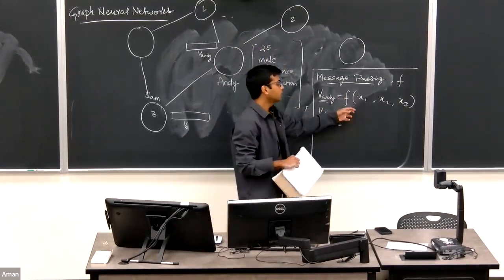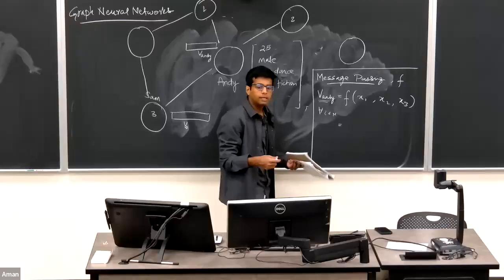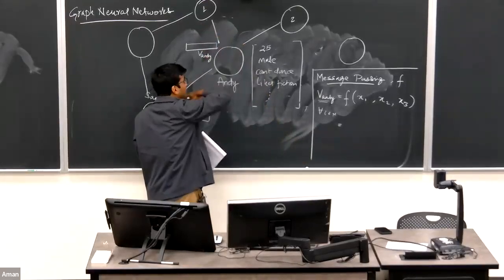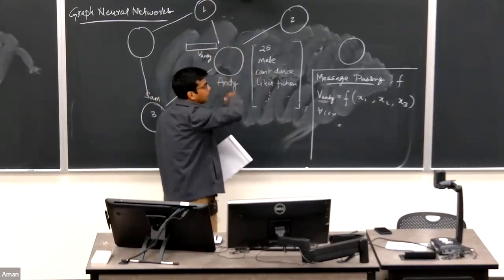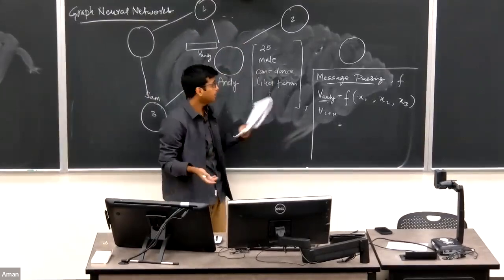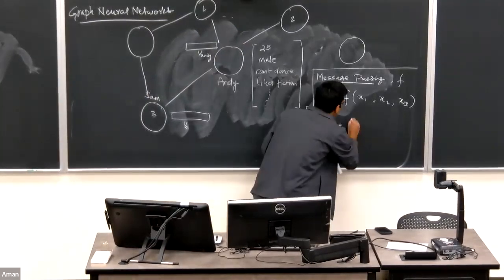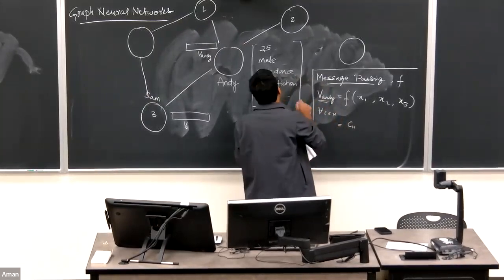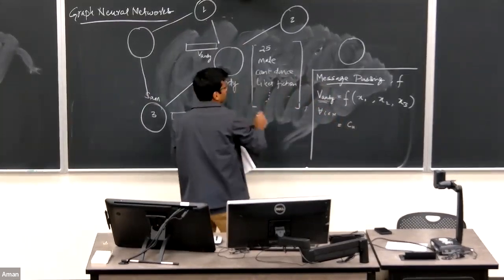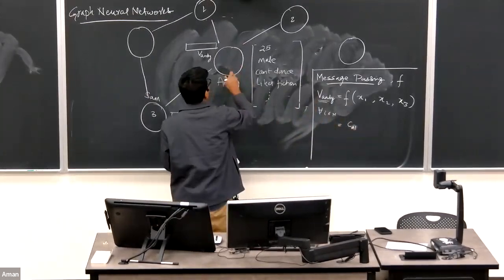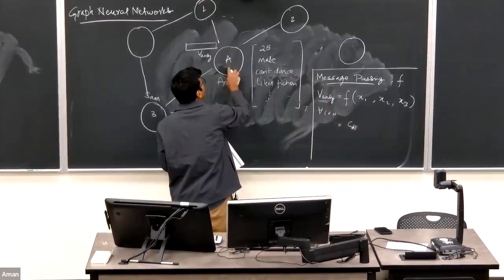Now, for example, if we take a mean function, which would take all of the nodes which are your neighbors and just take a mean of those nodes and then use that as the updated embedding, that would look like this. Let's say you have a weight, let me write A1, which is the weight of the edge between this node A and 1.